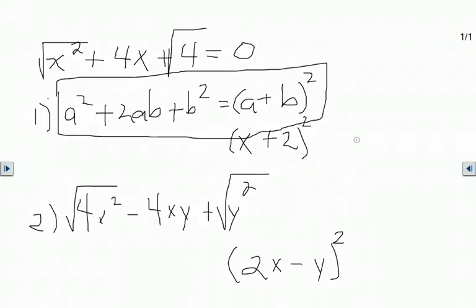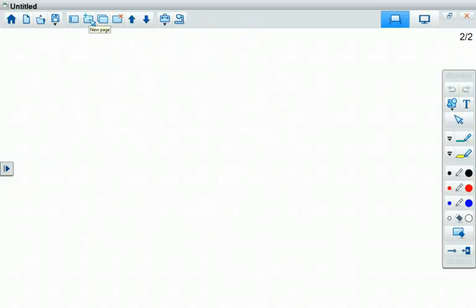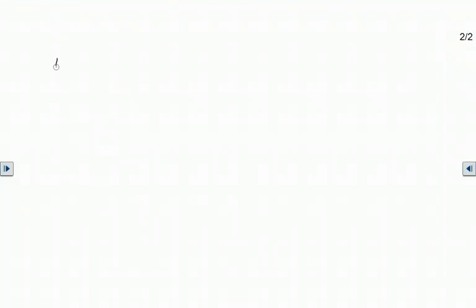All right, let's do another. Next page. 49x squared minus 36.